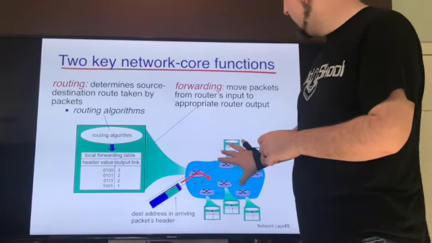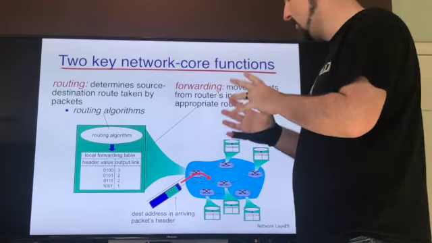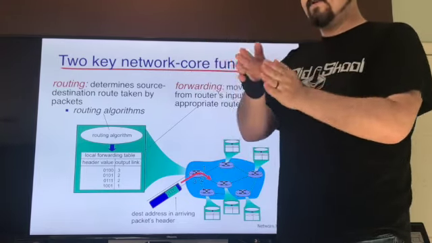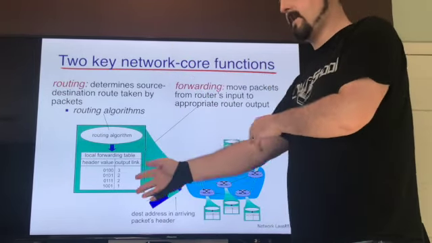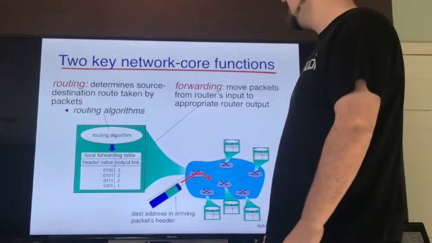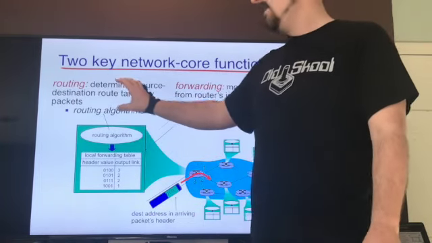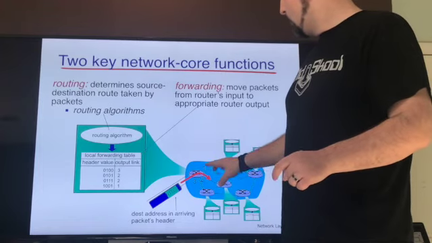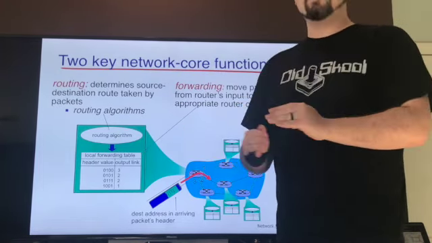And so you look at all of the connections to all these different routers. They all have a certain number of interfaces, where this interface connects me to this router, and this interface connects me to this router. This interface connects me to this machine, and so on and so forth. And so the process of routing is determining what addresses are reachable through what interfaces.